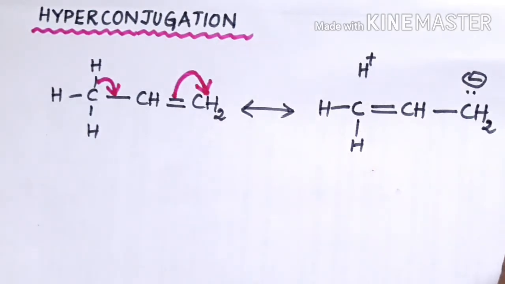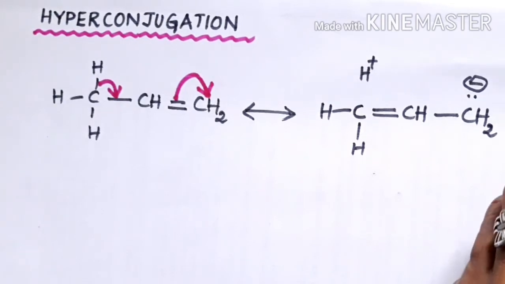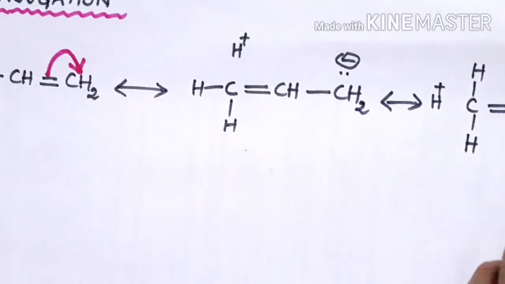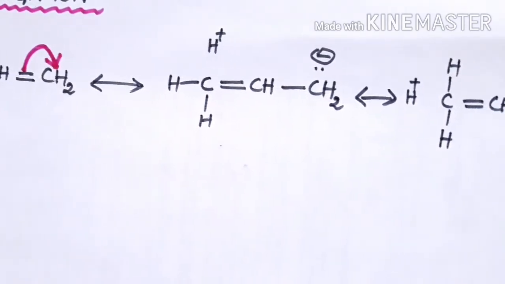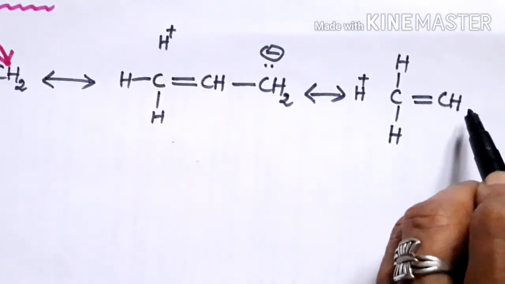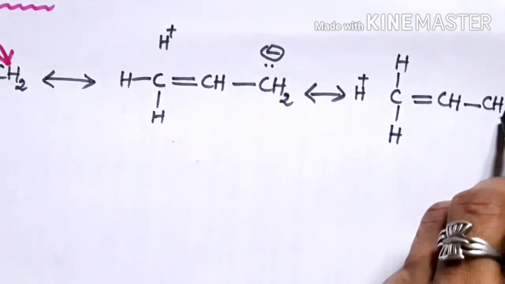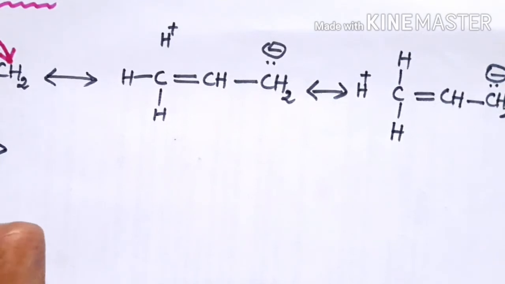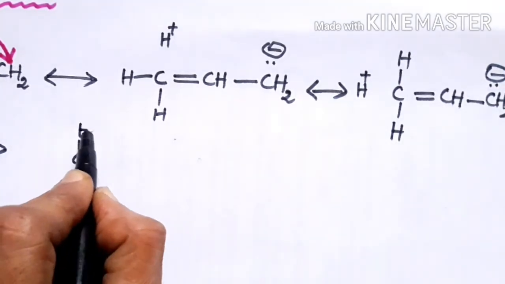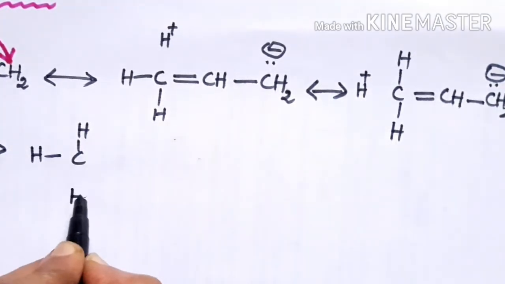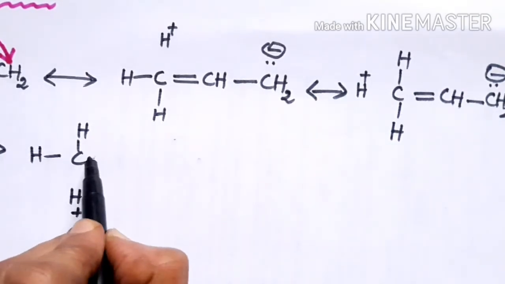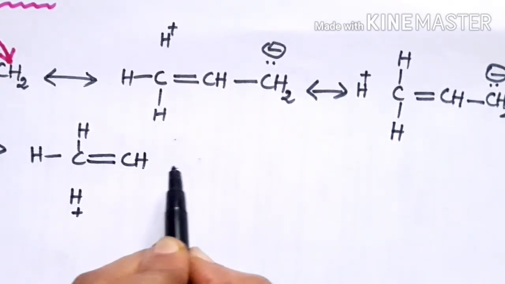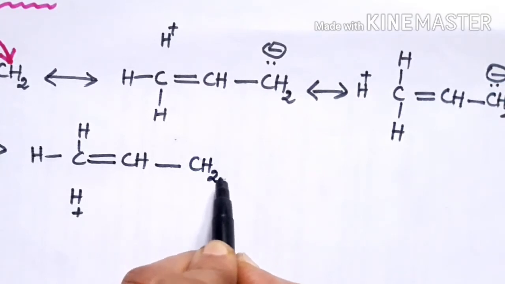So that results in the next structure, CH, H, H positive, double bond CH, single bond CH2 negative, which can again be written as CH, H, H positive, double bond CH, single bond CH2 negative.